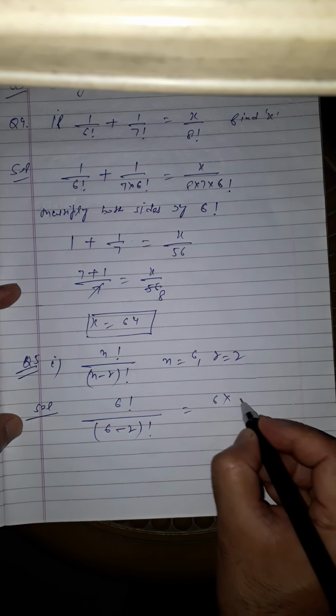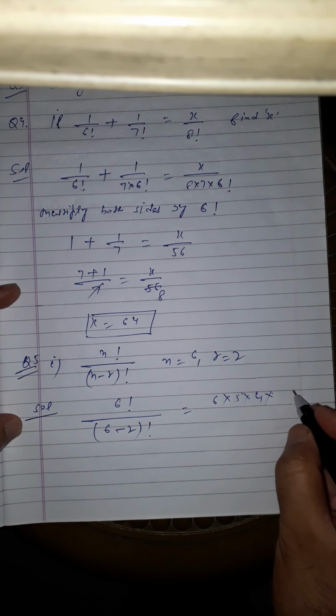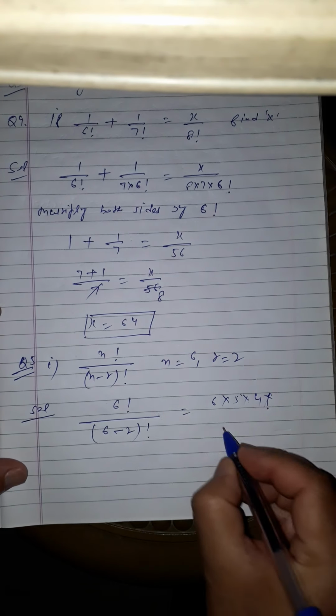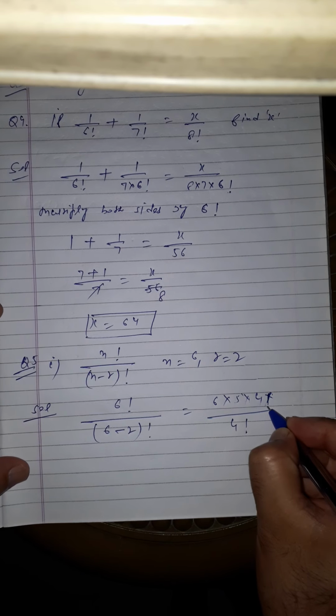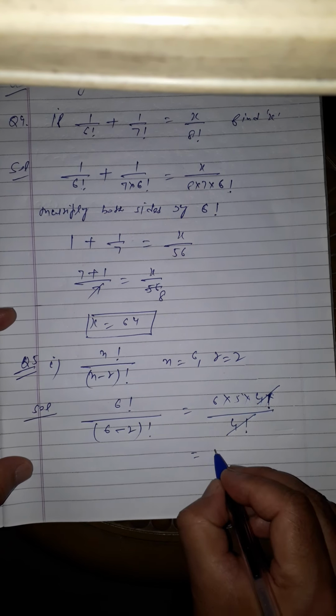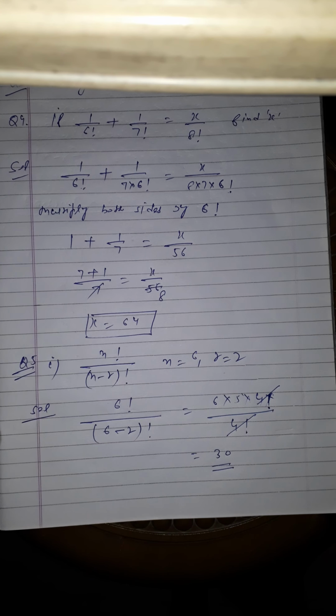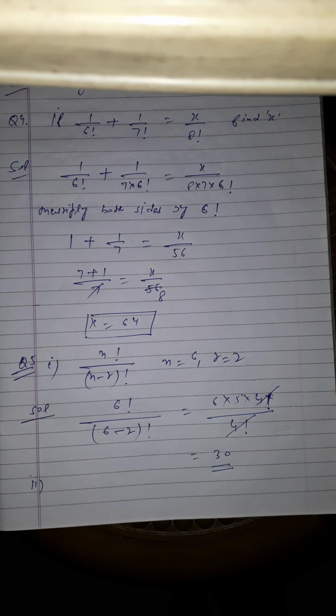It is 6 into 5 into 4 factorial upon 4 factorial here, student. So 4 factorial will cancel with 4 factorial, and that will come as equal to 30. 30 is the answer of the first part. The second part is the same, students, so do the second part yourself. With that question, your exercise 7.2 is over, students.